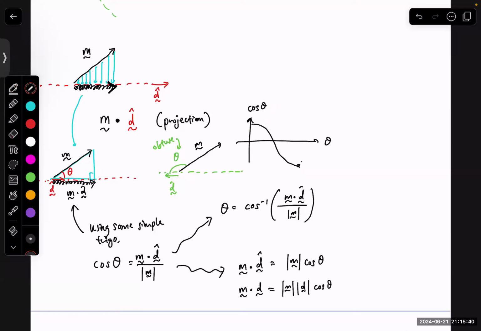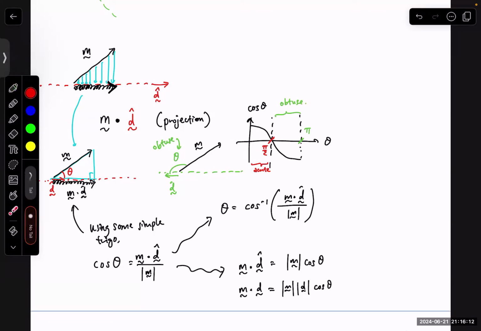Sorry, looks very ugly. Okay, like this. So let's just say we have our cosine curve here. This is pi over 2. Over here is in the acute region. Over here, that's pi. This is obtuse.